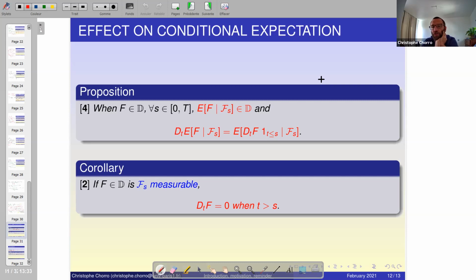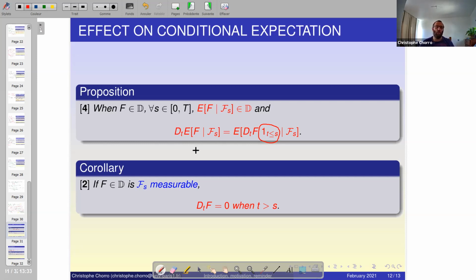So if you do conditioning, you are still in the domain. What is more, you have a nice formula that tells you that the derivative of the conditional expectation is the conditional expectation of the derivative, up to a little term: this indicator function here that you don't have to forget inside.